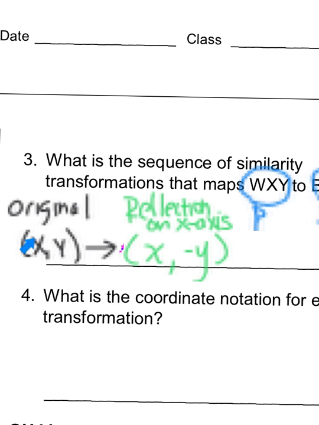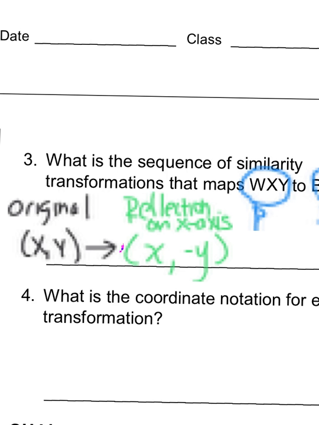Every point has an x and a y. After I moved it across my x-axis, the sign that changes is my y, because my x's aren't actually moving, it's only being flipped around and the signs on the y are changing. So that explains my reflection across the x-axis.